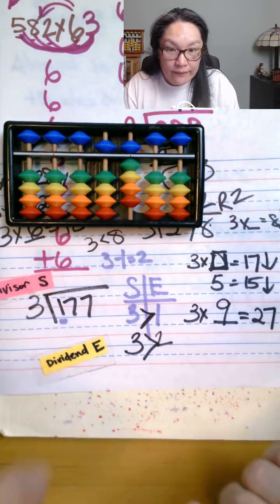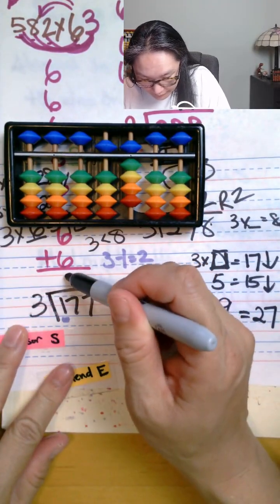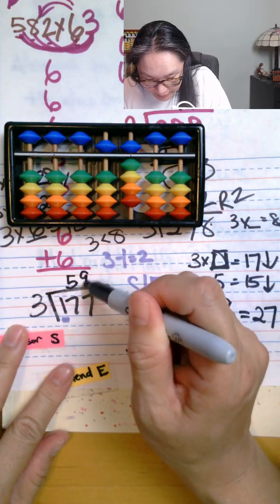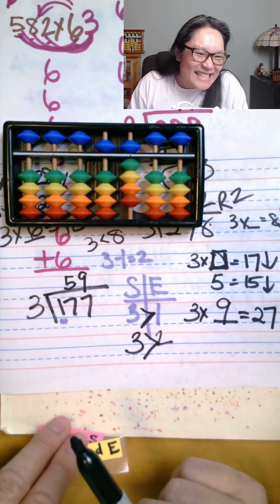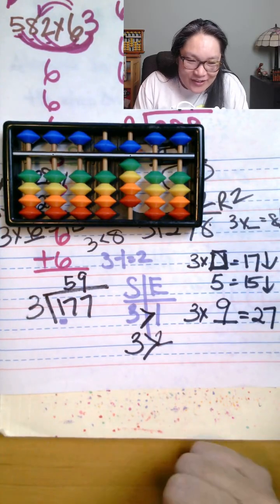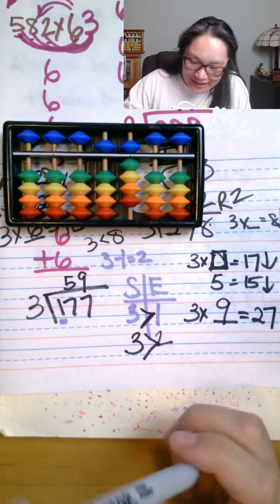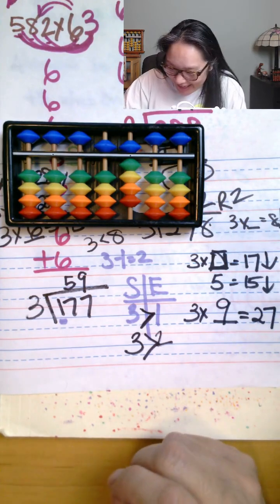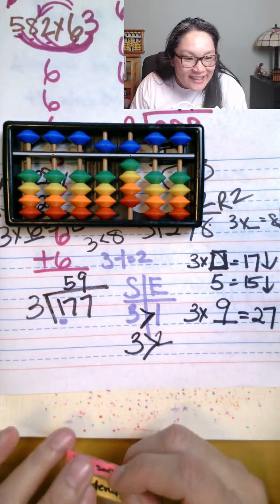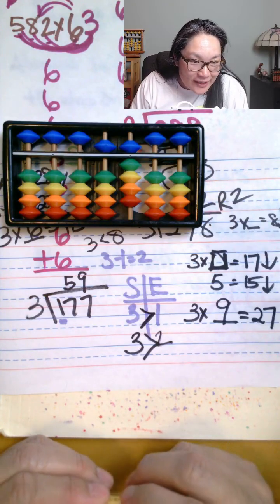So my answer is 59. I just have to make sure I put all my arithmetic on the abacus. Does that make sense? We're okay?